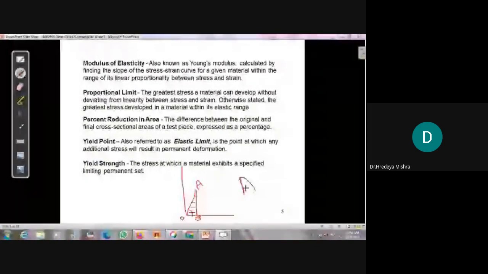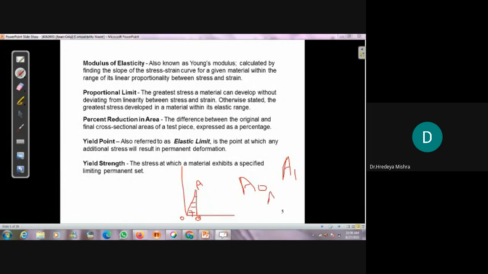If the initial cross-sectional area is A naught and the final cross-section after the testing is Ai, then percentage reduction is (A naught minus Ai) divided by A naught, into 100.